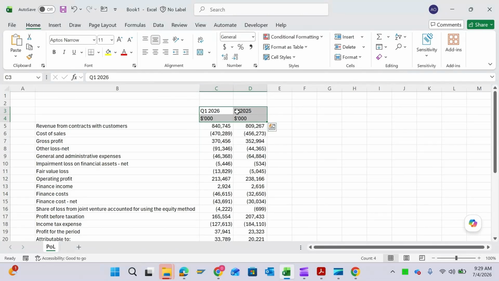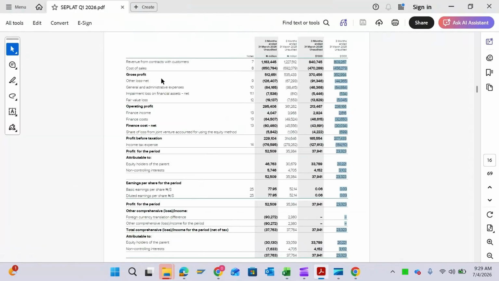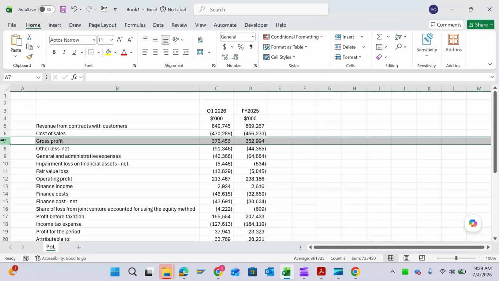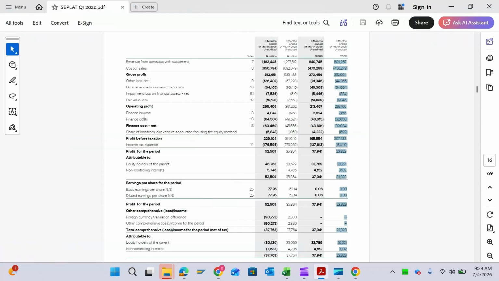It's the simple things that matter. So we have revenue, we have the cost of sales. You can make it bold, because appearance also matters.